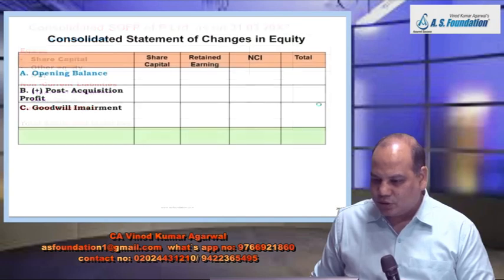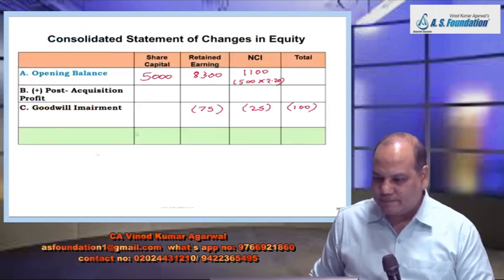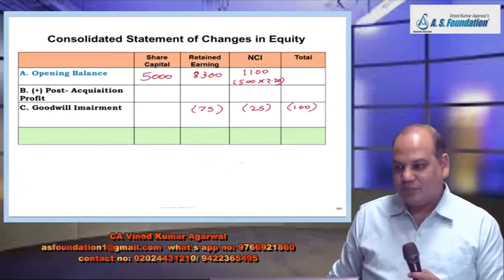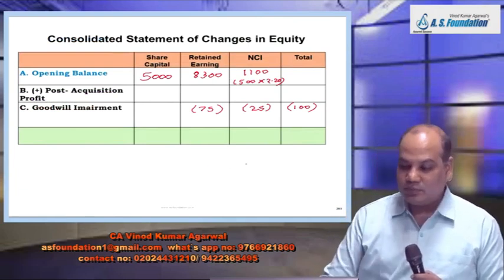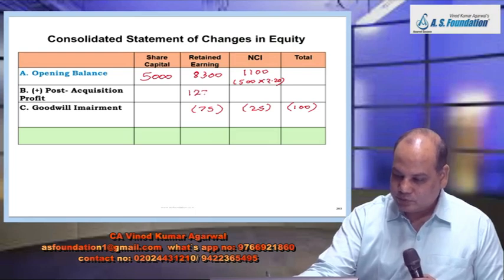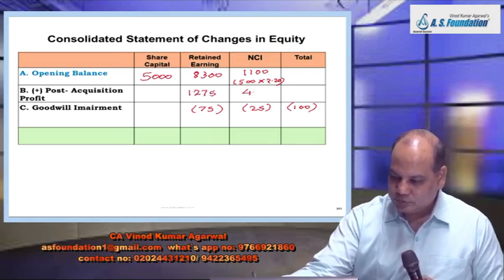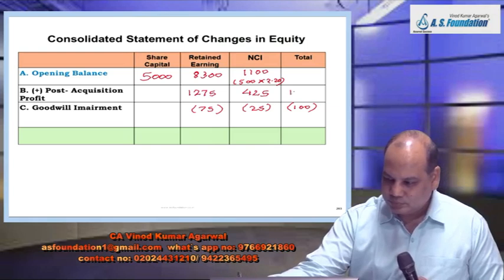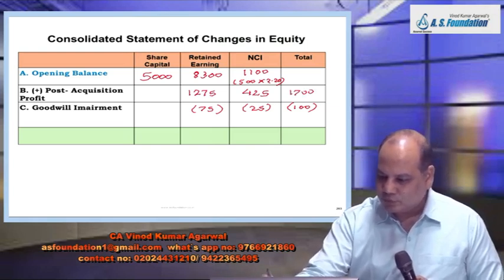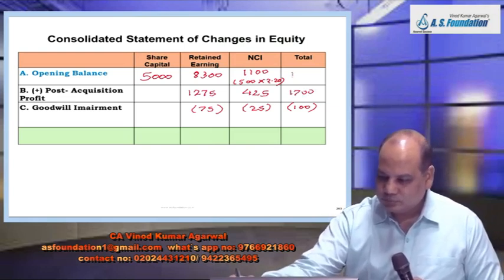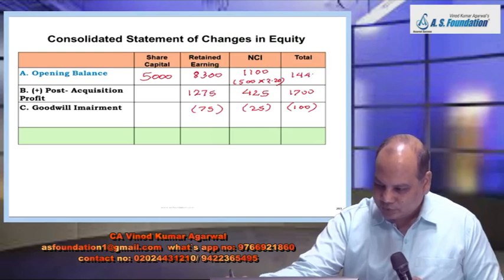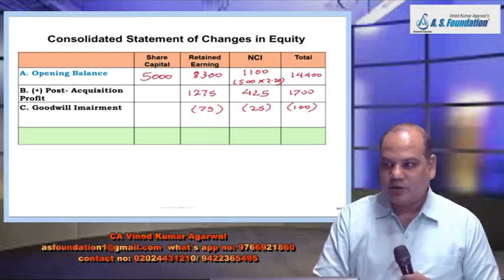Then let us come to SOCIE. Add post acquisition profit in retained earning column, NCI column, total column. Okay, total of opening balance also, 14,400.